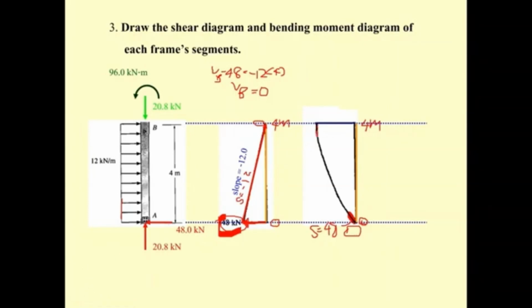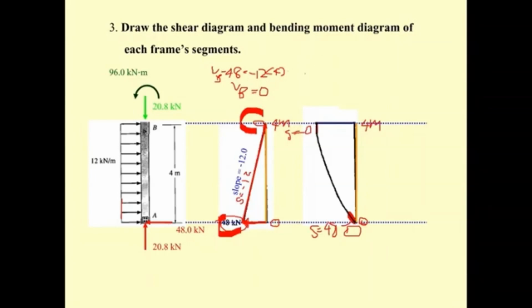So that means at the end of this, the slope is going to be 0. So over here we have a slope of 0. And what is the value of the moment here? If you can predict, this is going to be 96.